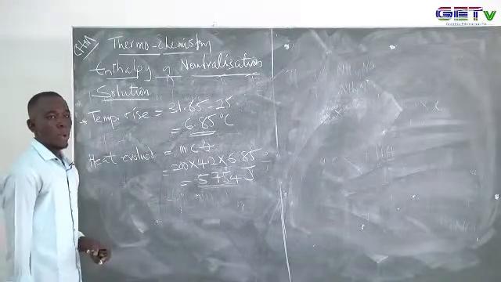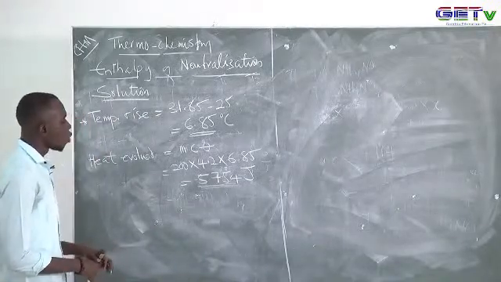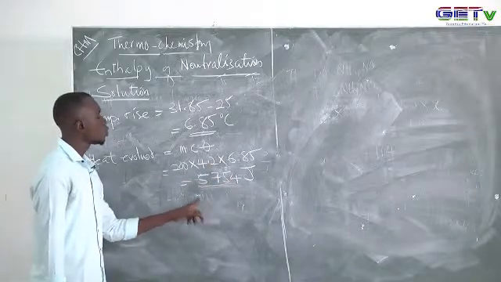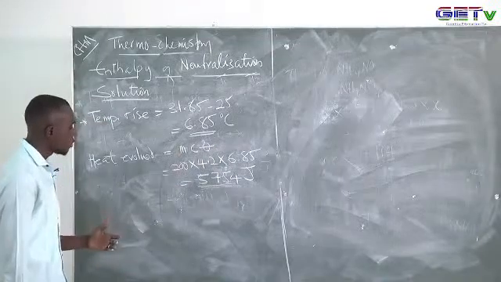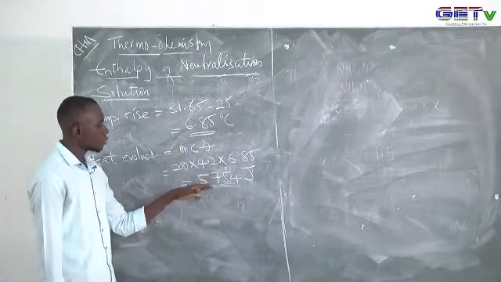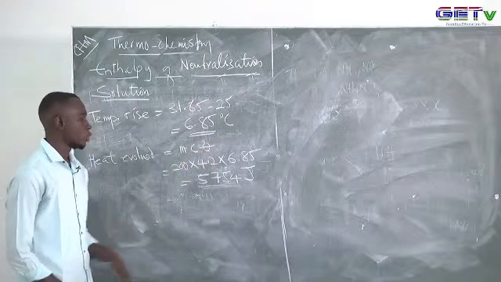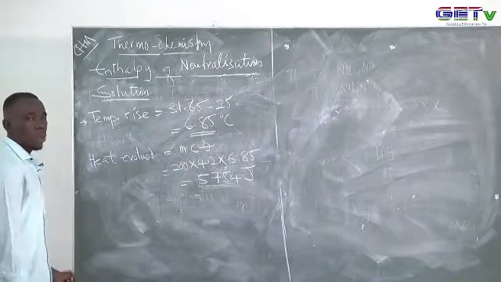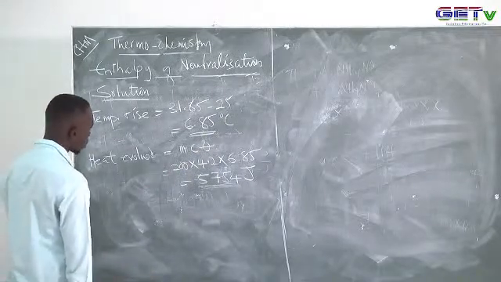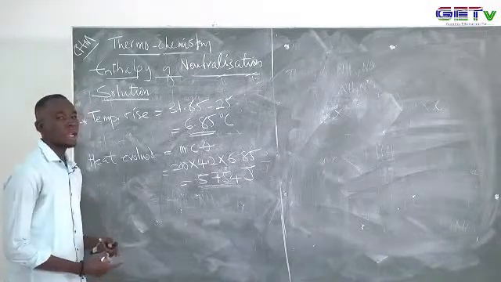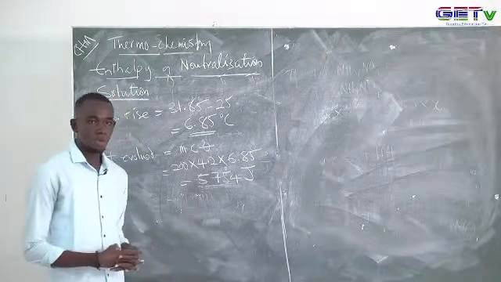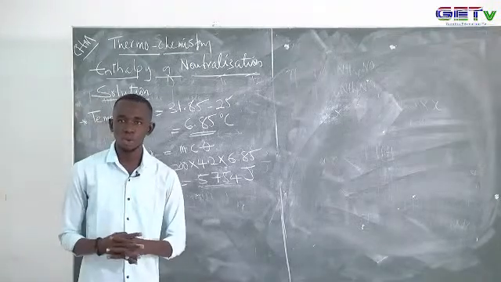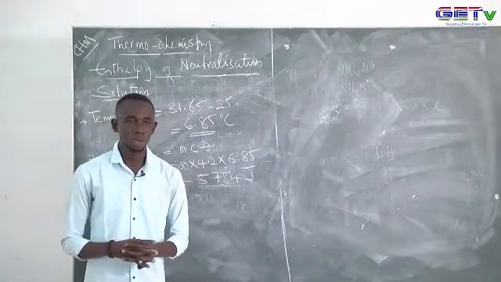Now we'll calculate the mole that has produced this amount of what? Energy, or the mole that has evolved 5,754 joules. Now, from the equation of the reaction, we know that HCl is reacting with sodium hydroxide, and then they will form sodium chloride and also water molecules.